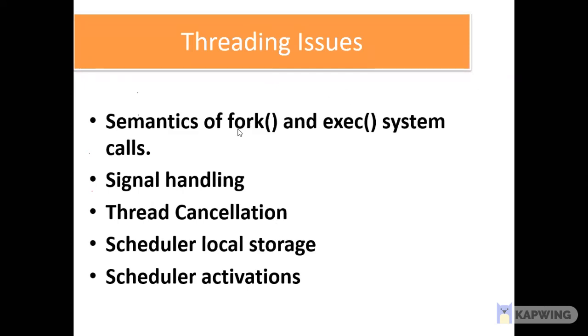With a process, using fork we can create the child process, and using kill we can kill that process. So that is simple. But in a thread, suppose the thread is created, how to cancel that thread? That is the main issue. Then thread local storage, and the last one is scheduler activation.